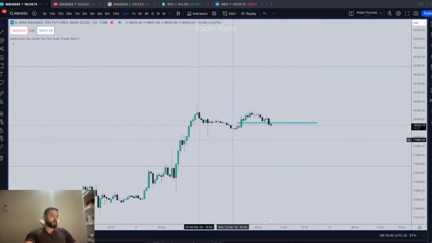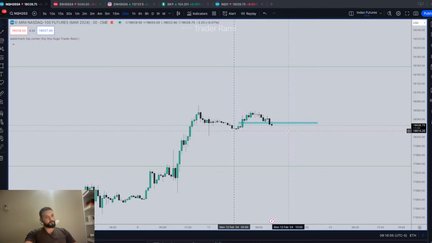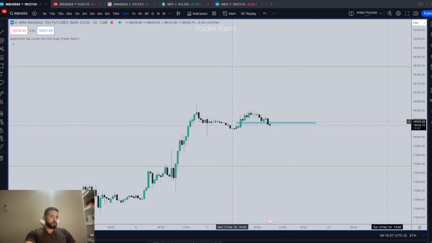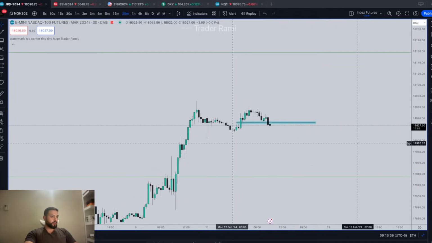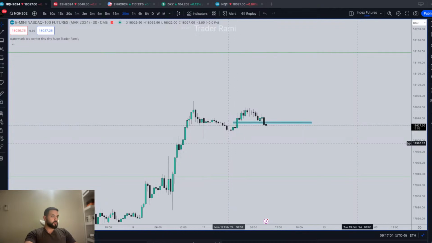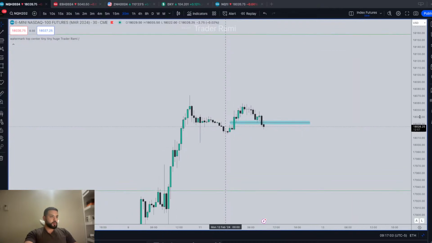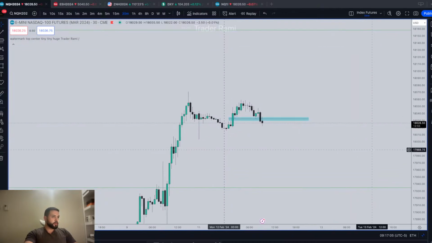So that would be very nice and very easy if you're not one to want to give the profits back into a retracement and wait through a retracement, which could take a few hours or whatever. So that's what I've got in mind right now.